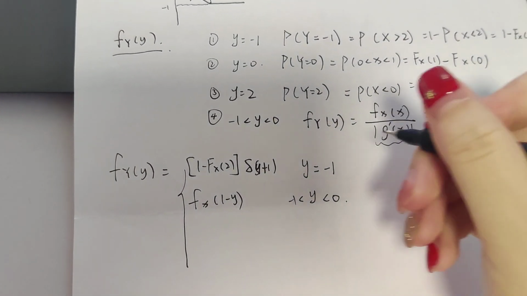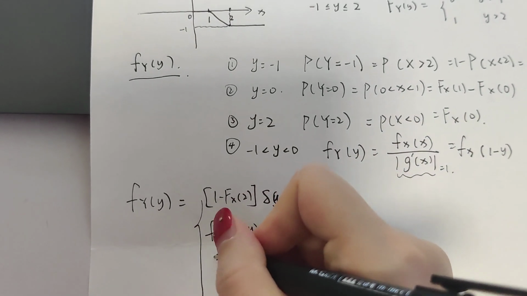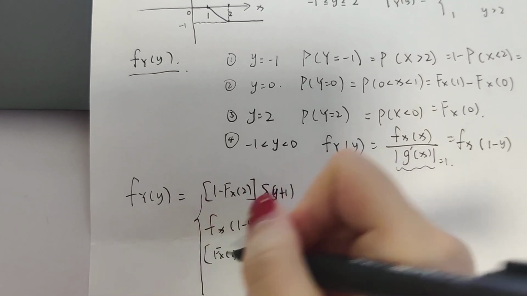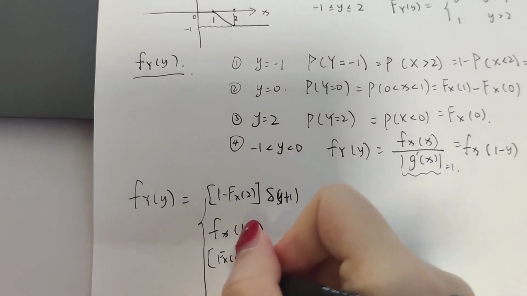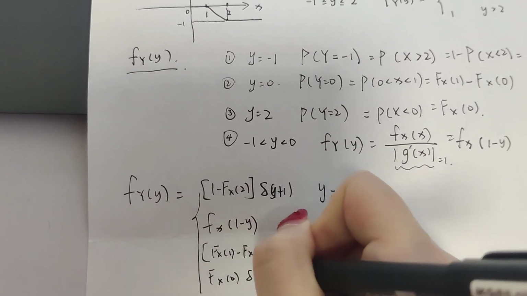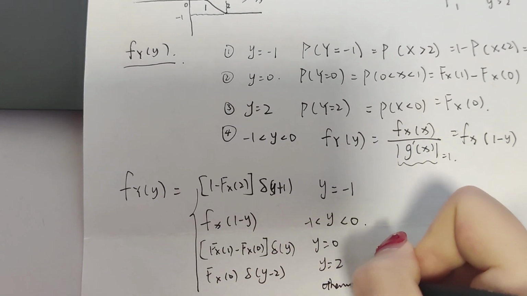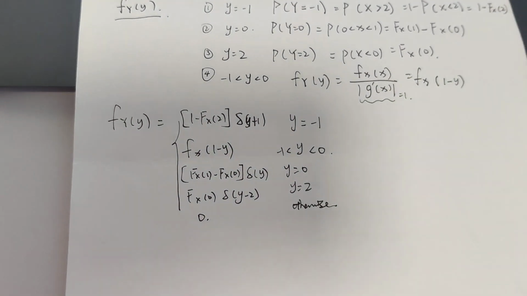And when y equals 0, and when y equals 2, we also have impulse functions. And otherwise, the density function is 0.